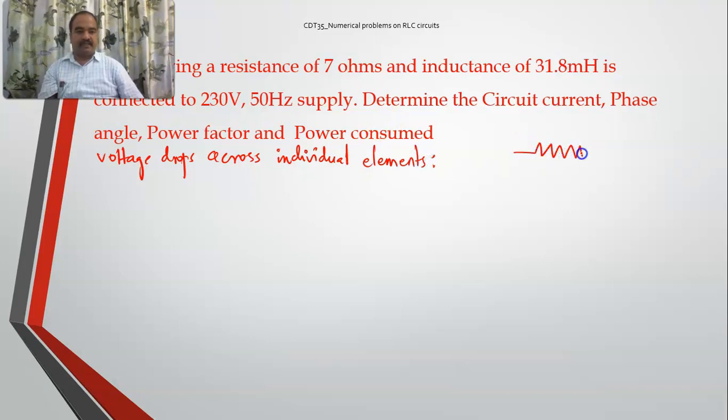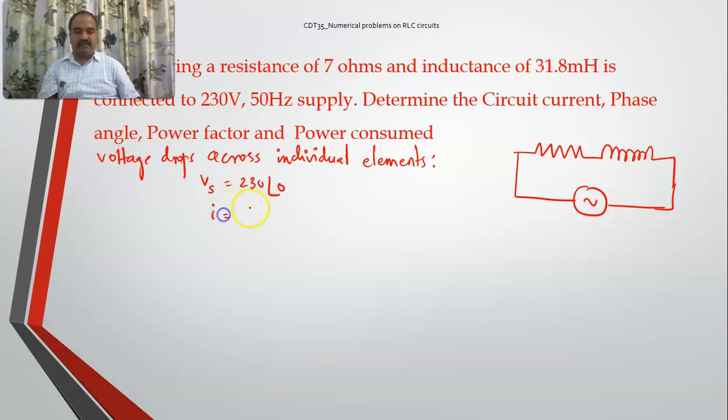Your circuit was like this, right? R and L, and your supply voltage was 230. Your current was around 18.85 at an angle of minus 55. And this was your resistance and this was your reactance, isn't it?